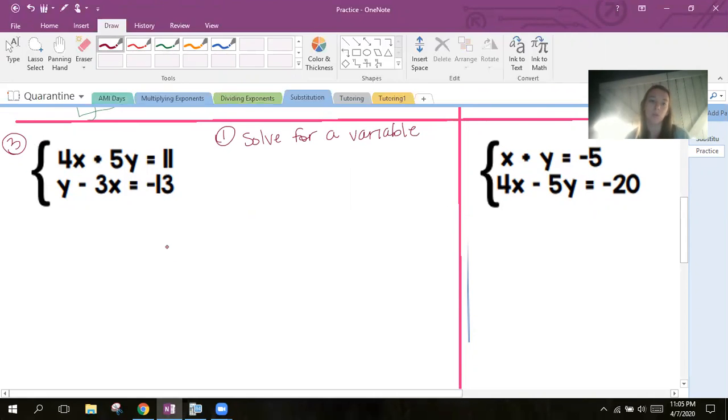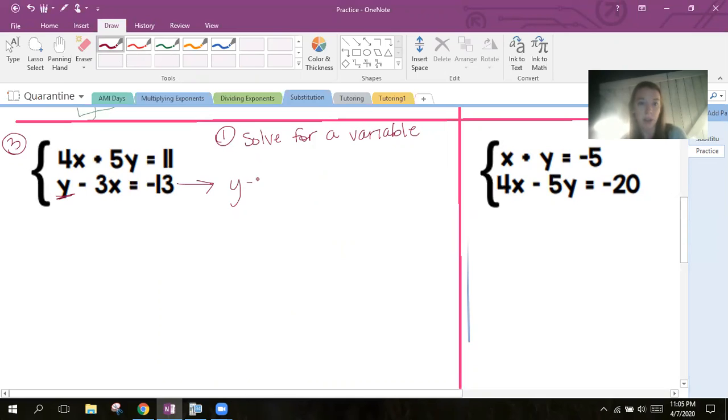Again, it doesn't matter which equation. I usually just use the first equation. Actually, after looking at it, I see that this y is already by itself, so that one would probably be easier to solve for y.